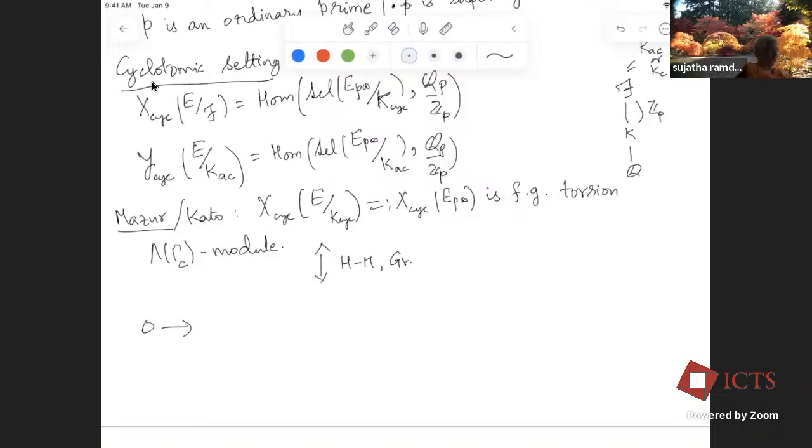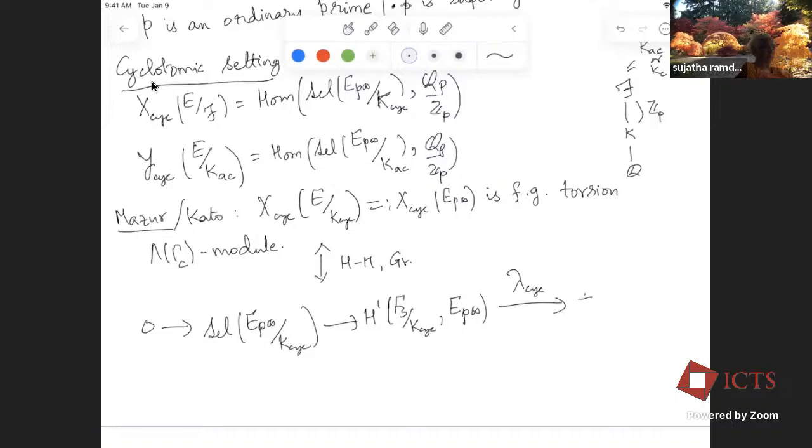Remember, we had this defining sequence: Selmer of E_P^∞ over K cyclotomic, I had the H1 F_S over K cyclotomic, E_P^∞, and then let me call this Lambda cyclotomic now. We had the local terms, v in S, J_v, E over K cyclotomic. So this is equivalent to this being a short exact sequence. So you can read this off. This being torsion, you can read it off by just looking at this exact sequence.